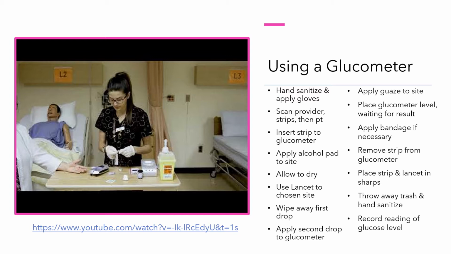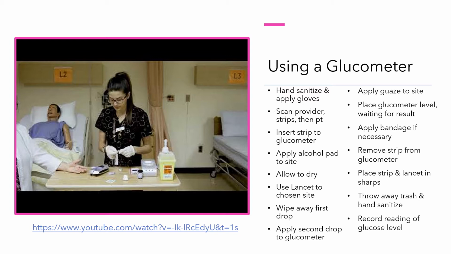The strip, which will correlate with the vial that you grab the strips from, and ensure that it's not expired. And then scanning the patient's armband, not their sticker, their actual band attached to their arm.